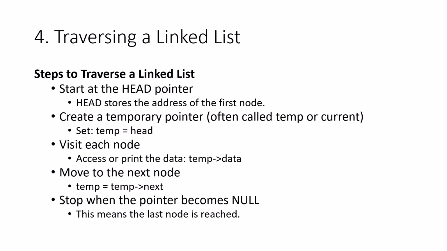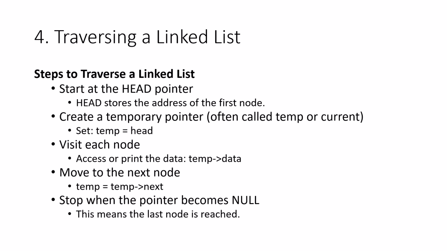We set this pointer to the head using the statement temp = head. Then we visit each node one by one. At each step, we can access or print the data inside the node using temp->data.